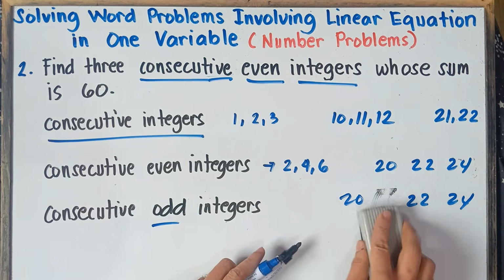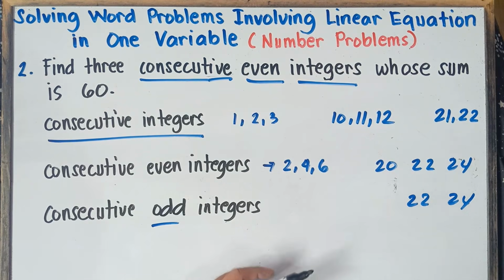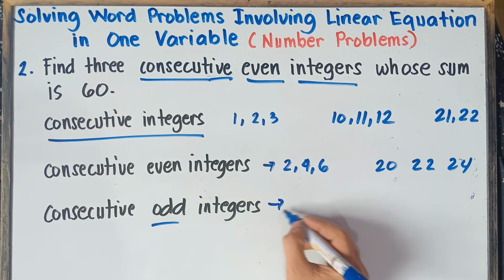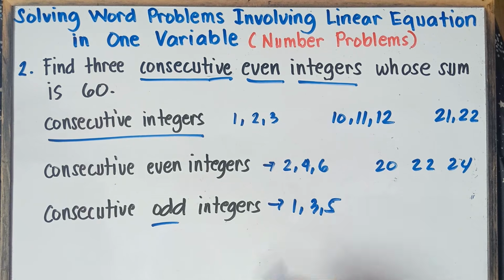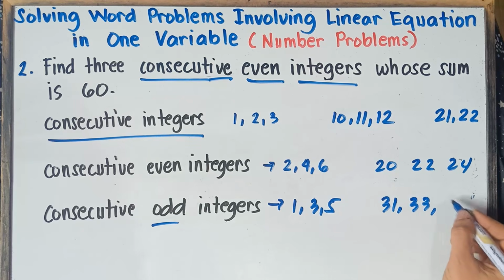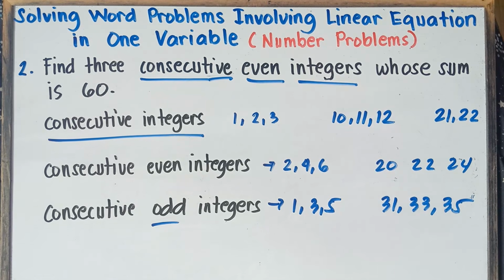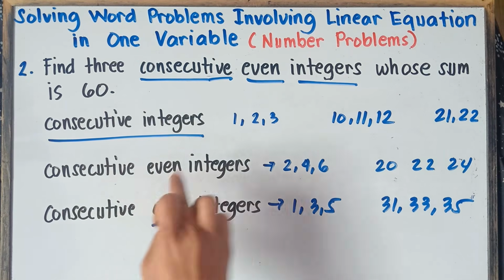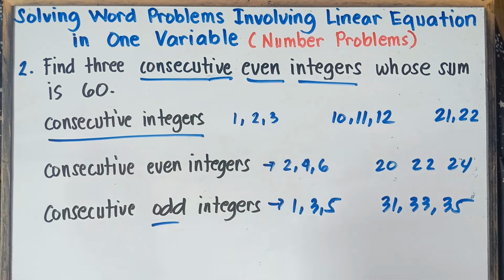So it should be 20, 22, and then 24. For consecutive odd integers, let's have 1, 3, and then 5. Another example, we can have 31, 33, and then 35. So once again, class, I hope it's clear for you with regards to consecutive integers, consecutive even integers, and then consecutive odd integers. You need to be careful with this one, class.